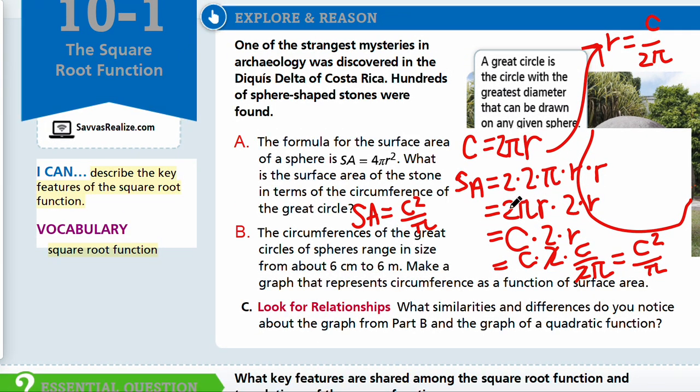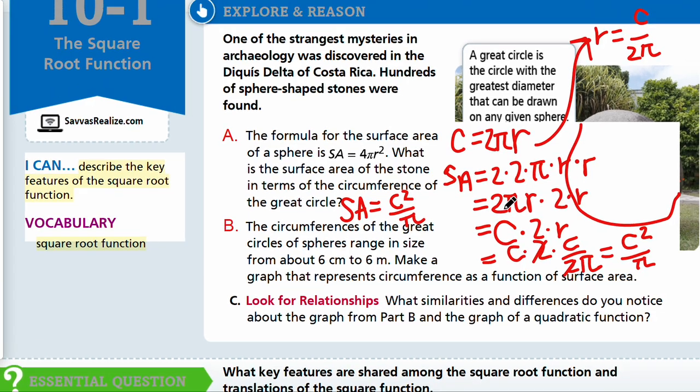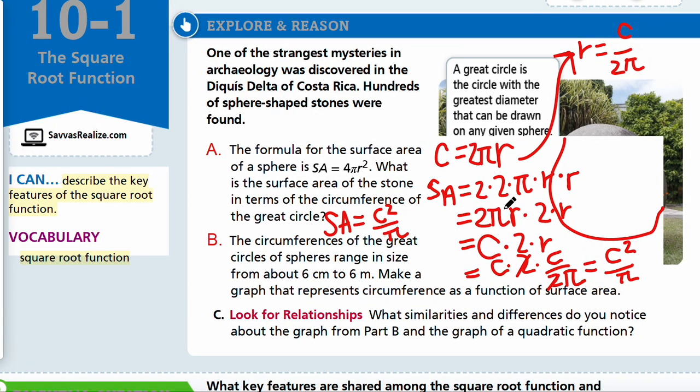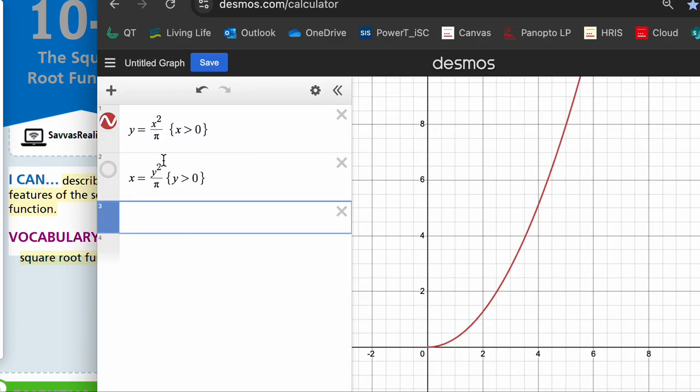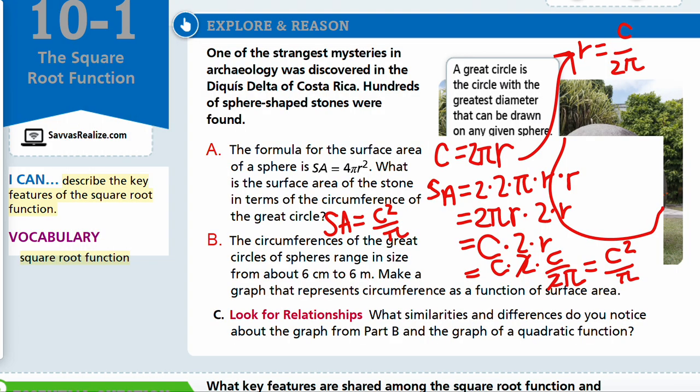Okay, so let's look at part C. What similarities and differences do you notice about the graph from part B, the graph of a quadratic function? So obviously we're comparing this function and this function. What are the similarities? They look like the same function, just reflected across the y equals x line, right? So yeah, that's the relationship. They're inverse functions.